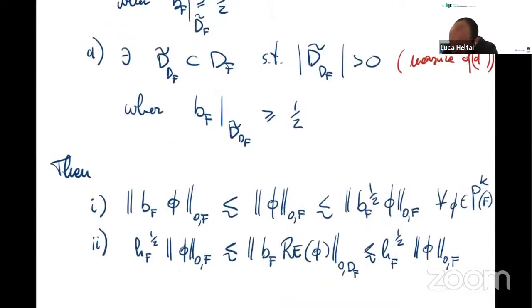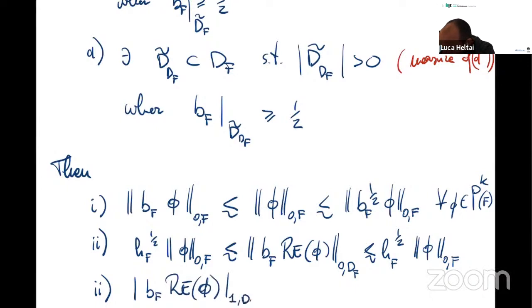And the last property is a consequence of the first and second property and of the fact that the bubble function is a bubble function on the face, but it allows you to write the inverse inequality of the bubble function with respect to the lifting operator of phi.